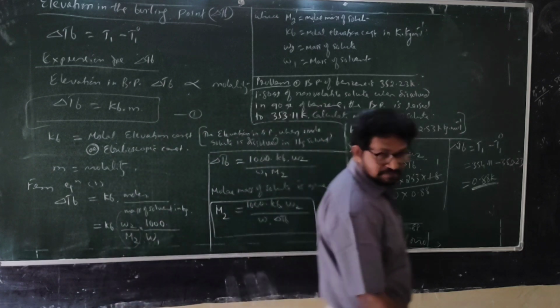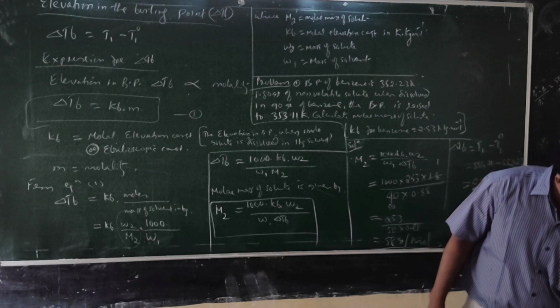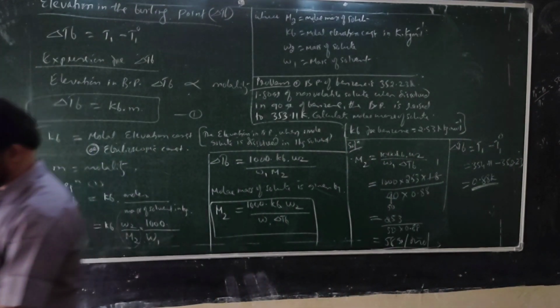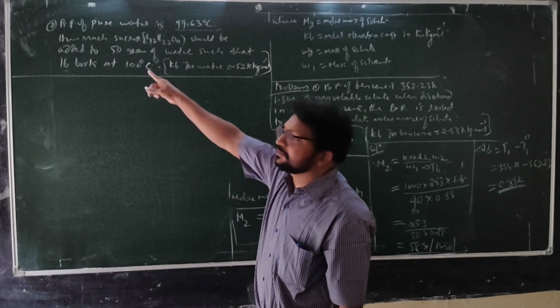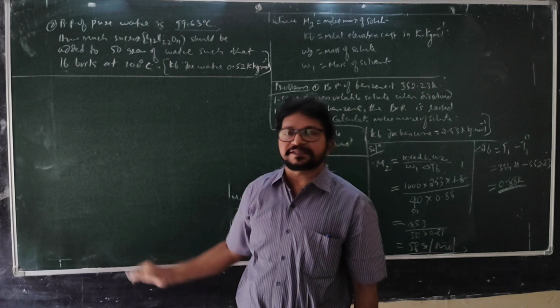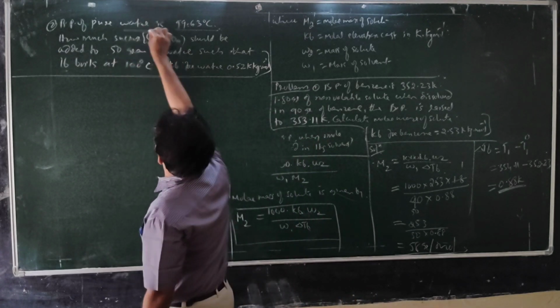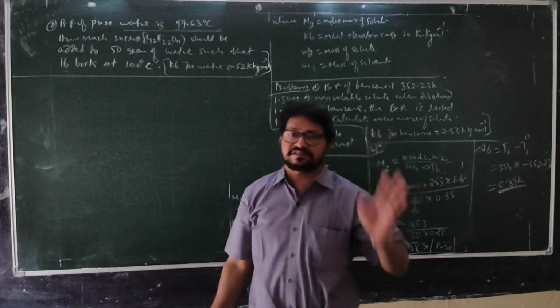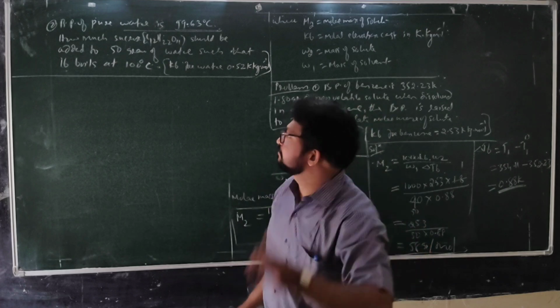Okay, so this is about elevation in the boiling point, and now I will take depression in the freezing point. One more problem I will give you as homework, okay, on elevation in boiling point. Boiling point of your water is 99.63 degrees Celsius, T1 naught plus 273 you have to do.